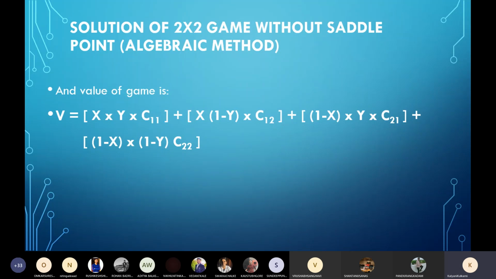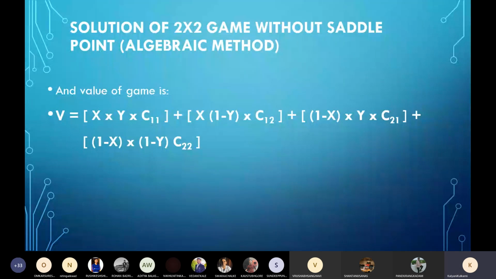Otherwise, if the matrix is of higher order, 3 by 4 or 4 by 5, then you have to solve that example using the dominance principle first and then the algebraic method. Then that example comes for 6 to 8 marks depending on the order of the matrix. So that is the weightage. We'll discuss that once we come to the end of the unit.